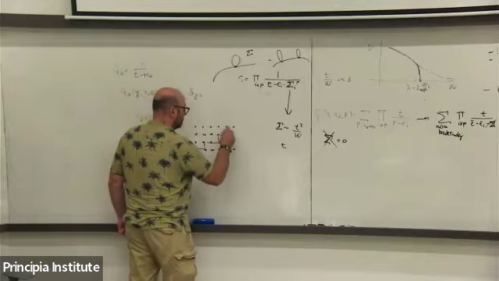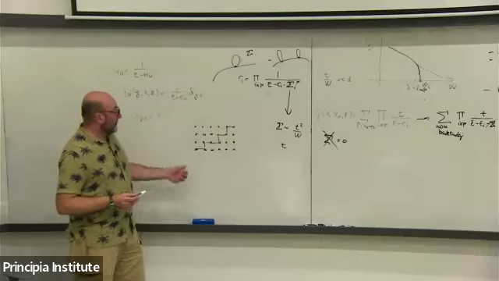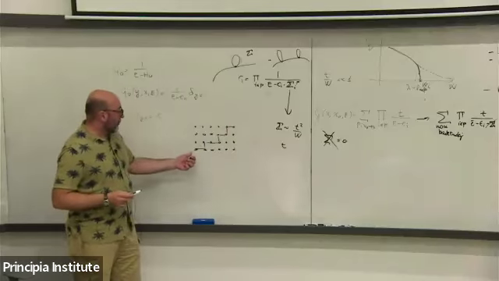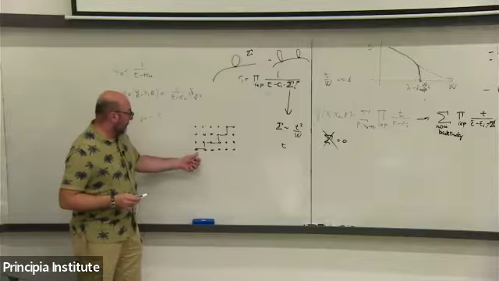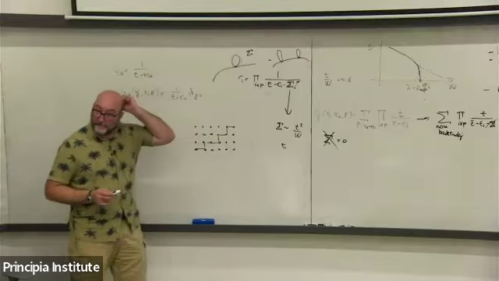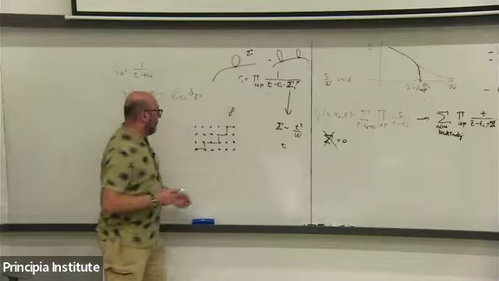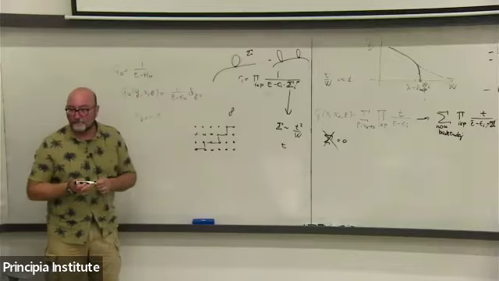The shortest paths are from this point to the other, right? I have distance 1, 2, 3, 4, 5, 1, 2, 3. Okay? So I have Manhattan distance 8. How many of these paths there are?